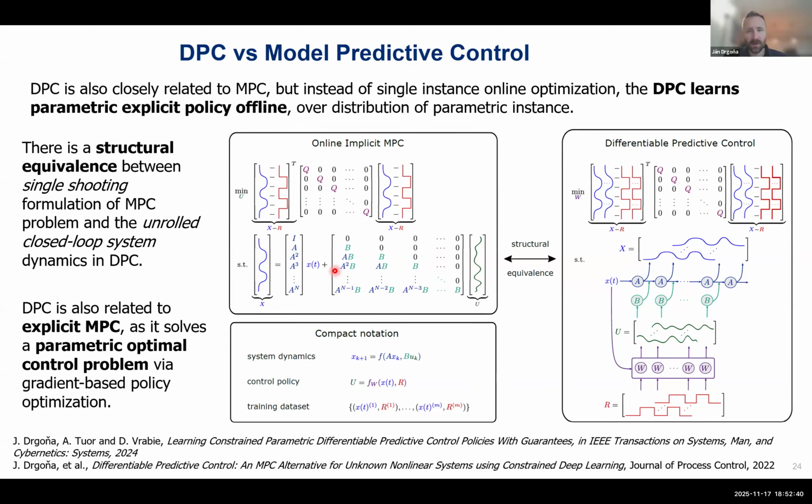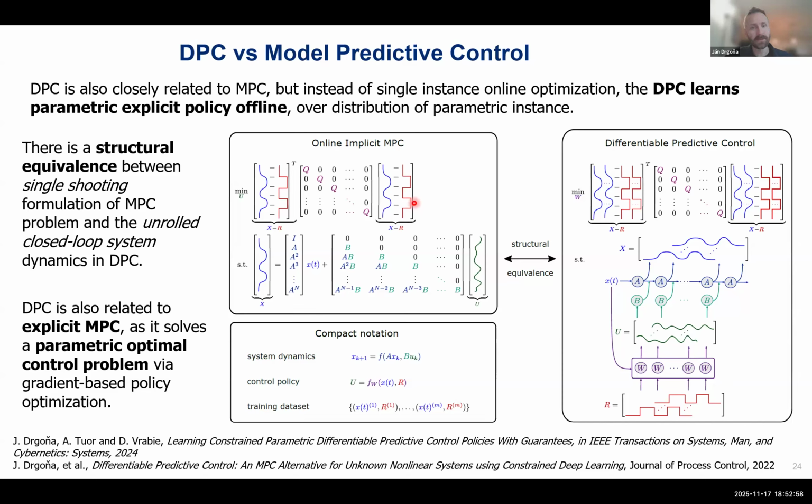Well, if you look structurally at DPC, what we are doing is unrolling the closed loop computational graph. So you can really think of it as a single shooting approach to this MPC problem, but done in a batch.